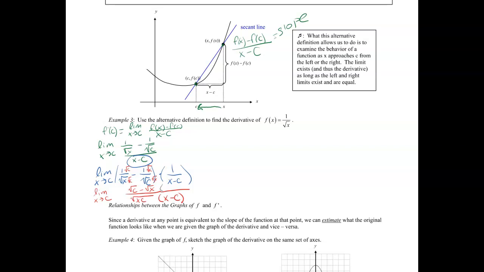So I'm going to multiply that by square root of c plus square root of x, and then multiply this one by square root of c plus the square root of x. So up top, that's going to make my limit as x approaches c of c minus x, because I made that a difference of squares. And then the denominator is still going to be disgusting.